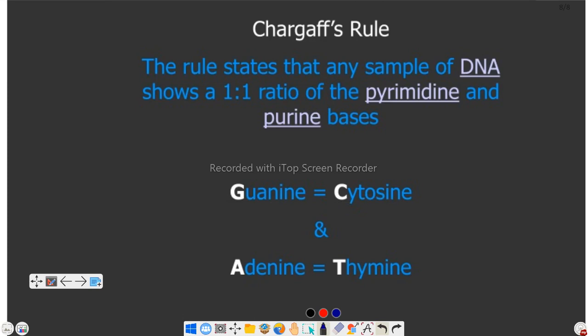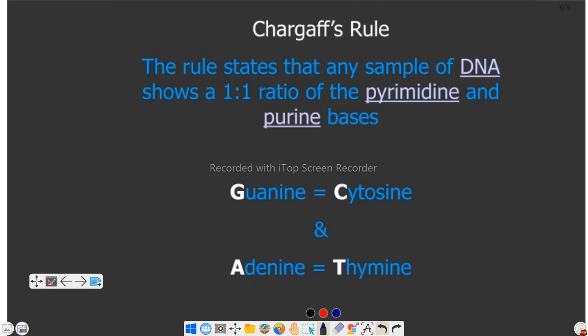The rule states that any sample of DNA shows a 1:1 ratio of pyrimidine and purine bases, that is, A equals T, G equals C. DNA of any cell from any organism should have a 1:1 ratio of purine and pyrimidine bases. This is the rule of Edwin Chargaff.